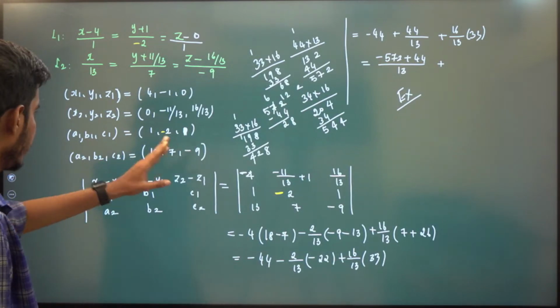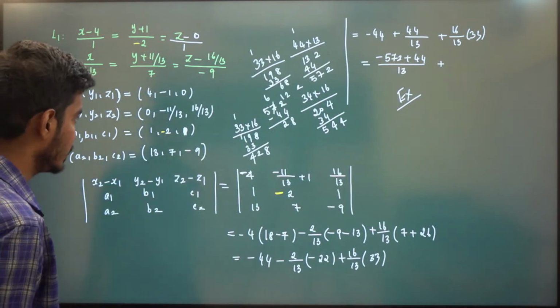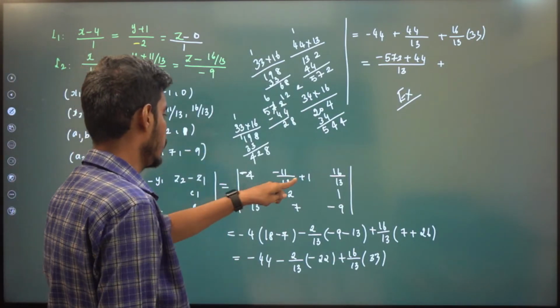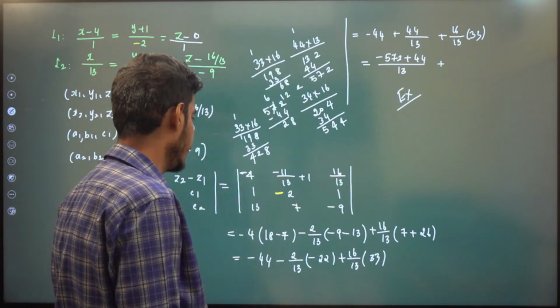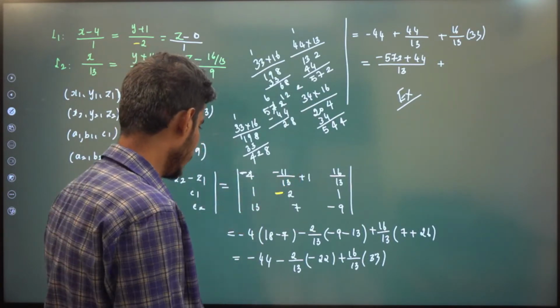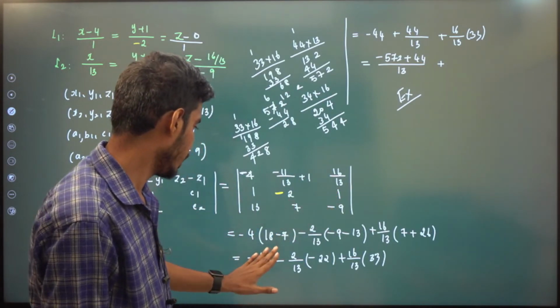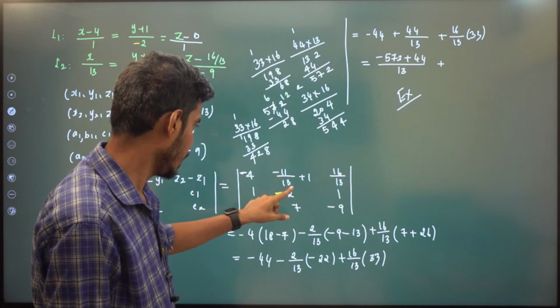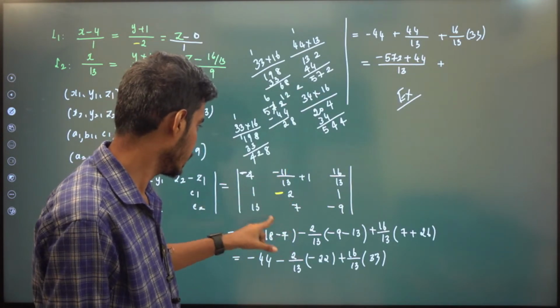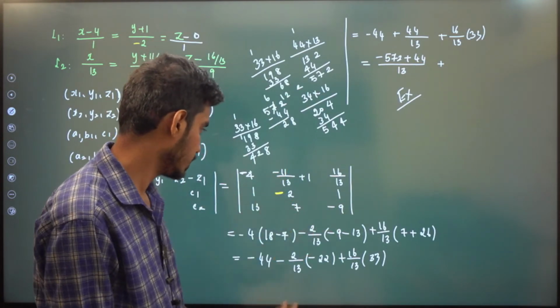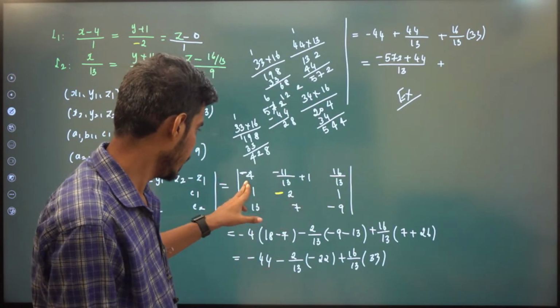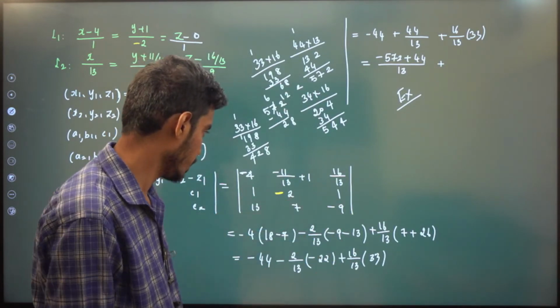Yes. 1, minus 2, 1. 13, 7, minus 9. So 13 minus 11 is 2 by 13. This will be 16 by 13. So minus 4 into 18 minus 7. Yes. Here you have plus 2 by 13. So we'll have minus 2 by 13 minus 9 minus 13, 16 by 13, 7 plus 26. Yes.